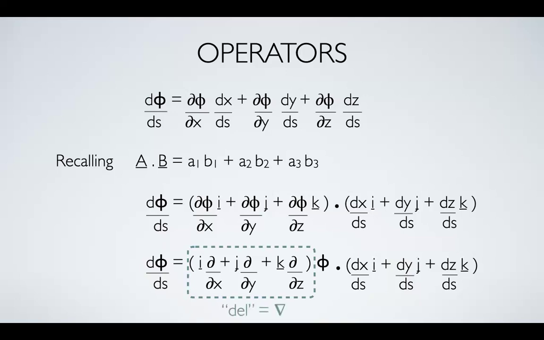And this whole term here is called del. Looks like I'm crying, right? Del. The symbol is an upside-down triangle, and I put a line on it too. You remember what it means if I put a line? Sorry, one line. Vector. So del is a vector. Why is it a vector? If you go back to this term, you can see that it is defined by i, j, k, so of course it's a vector.